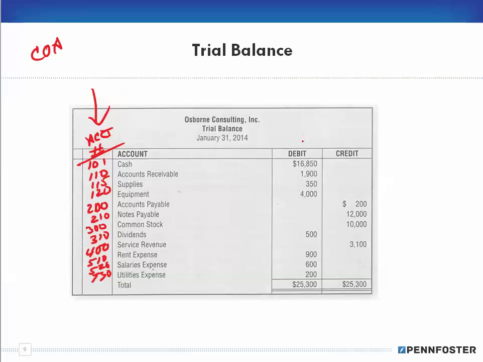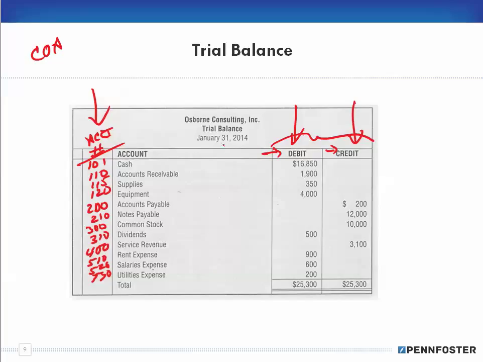Then, as far as formatting is concerned, you have 2 columns, a debit column and a credit column. Now remember, the lines on a paper don't matter. If you were using blank copy paper, you would format your numbers into 2 separate columns, and you would label each one a debit and each one a credit.